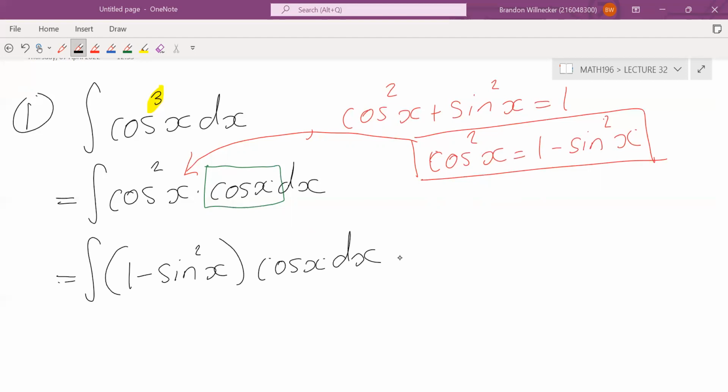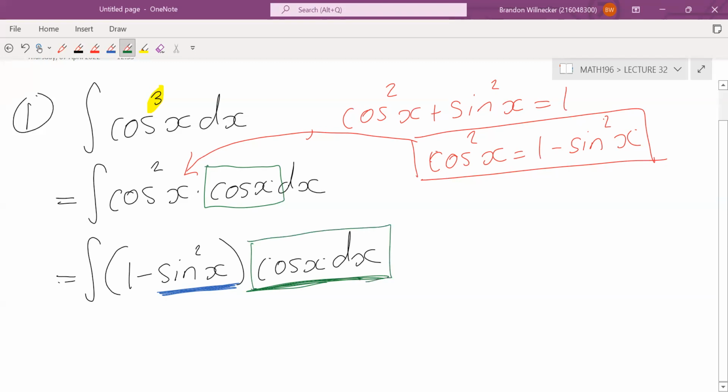Now, why did we do that? Well, notice that over here we have a sine term. Okay, 1 minus sine squared, it's some function of sine. And what do we have on the outside? We have cos x dx. Okay, so what's the relationship between this function of sine and this cos x dx here? What can we do to simplify this? Any ideas?